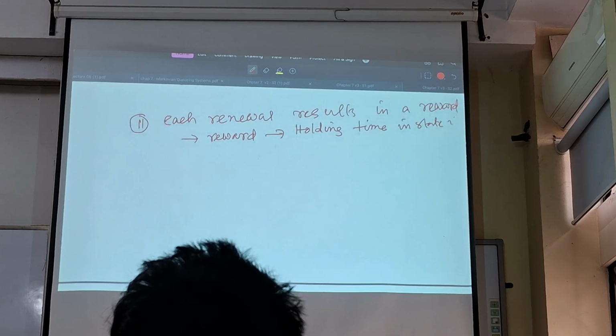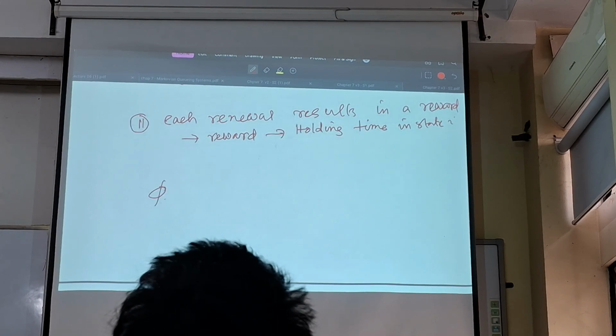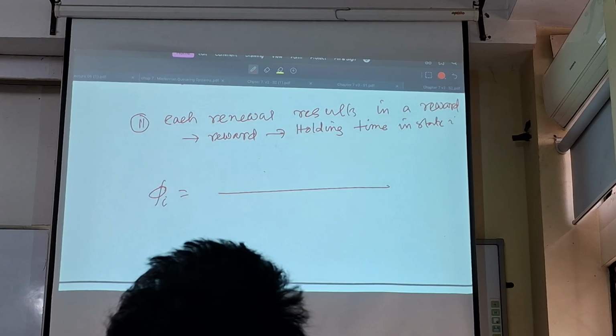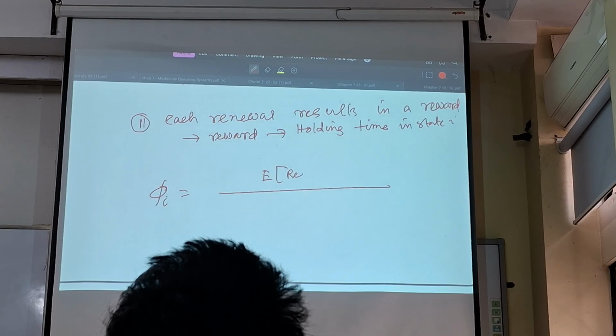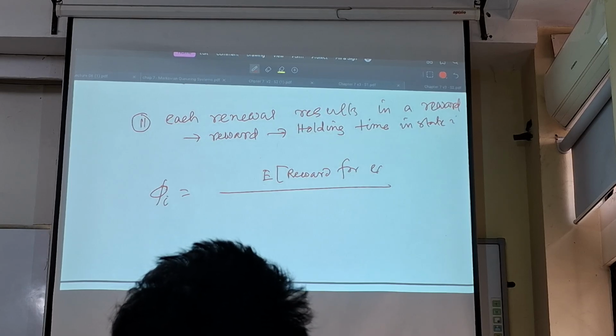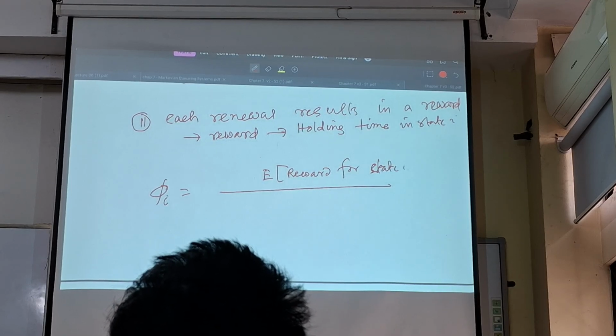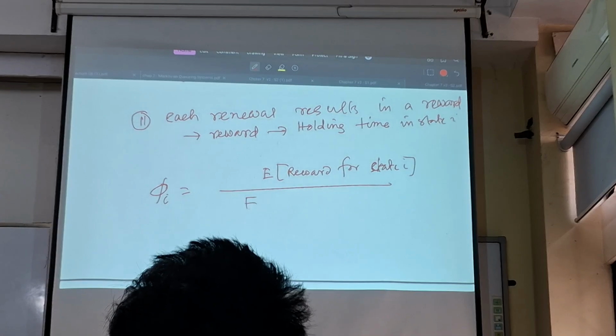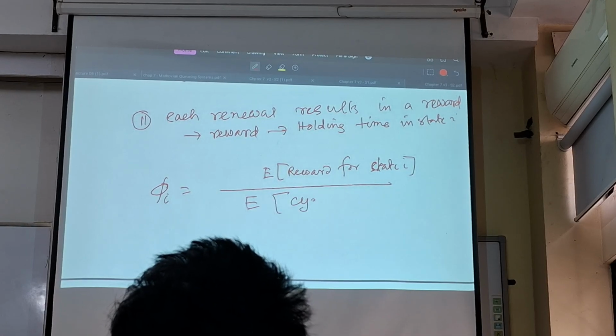So what we can do, this renewal reward, actually this phi I, will be the expected reward for state I divided by the expected cycle length.